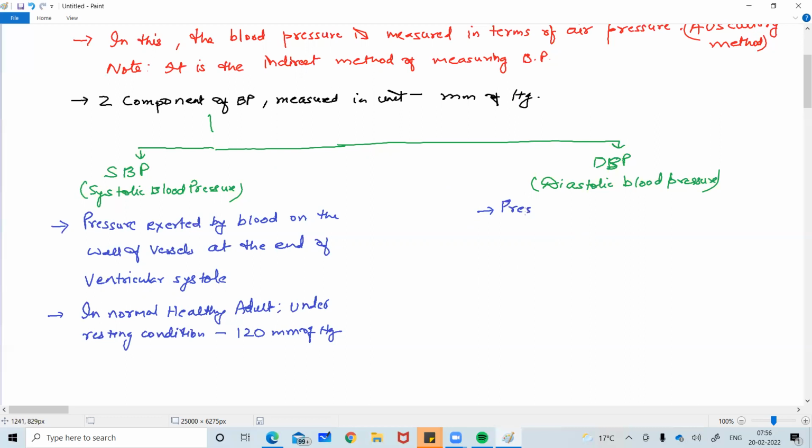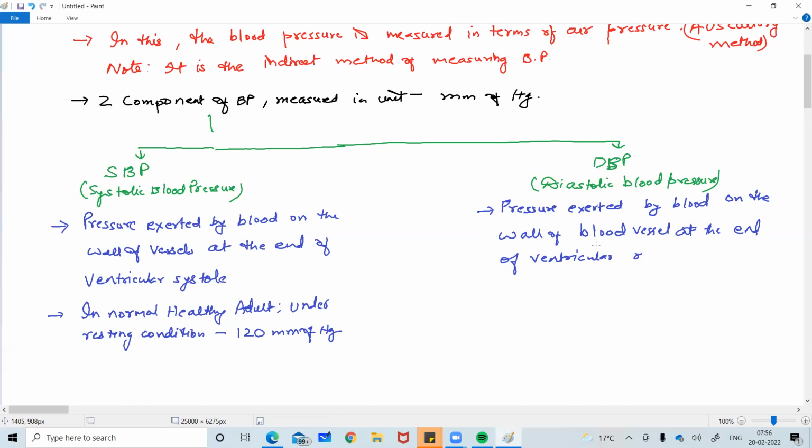So you can say pressure exerted by the blood on the wall of blood vessel at the end of ventricular relaxation, when the ventricles are maximally relaxed.